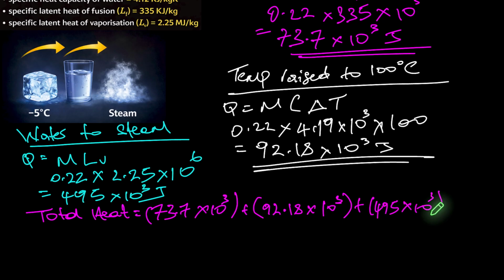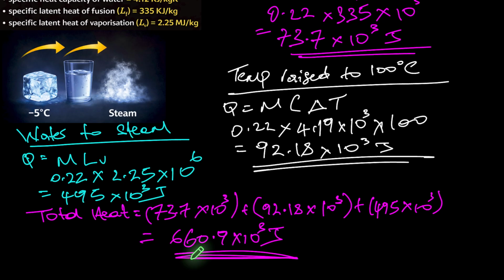Because all of these are written in standard form and we all have the times 10 to the power of 3, you can simply add those decimals up. So what we end up with here is 660.9 times 10 to the power of 3 joules.